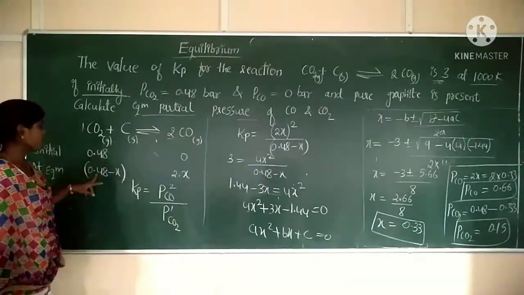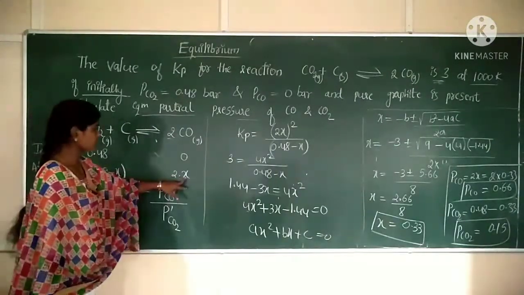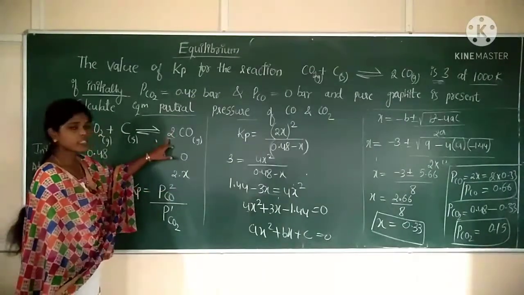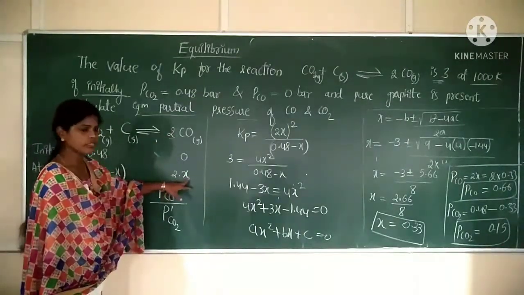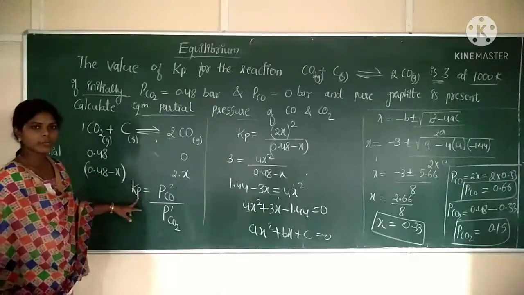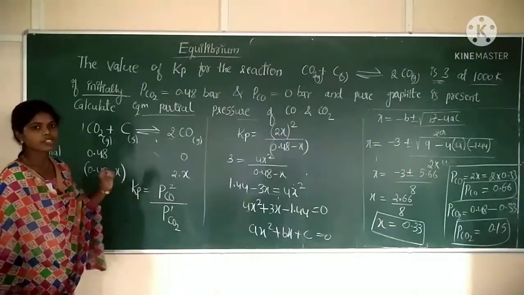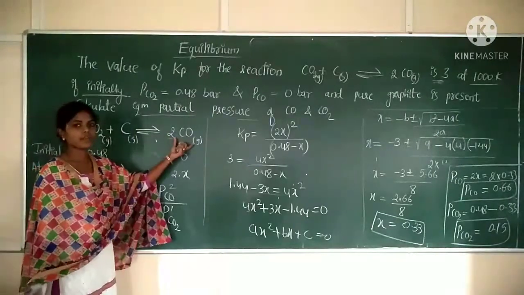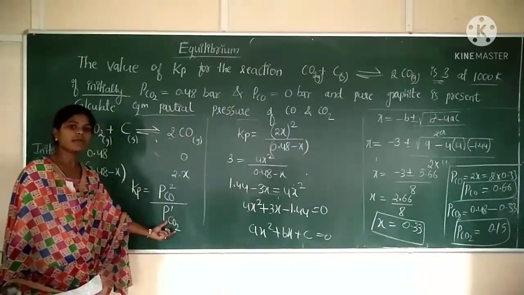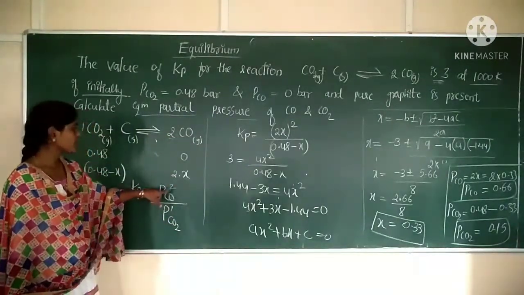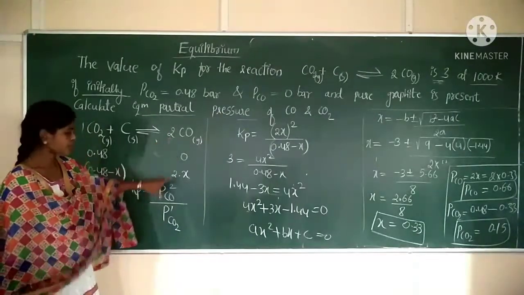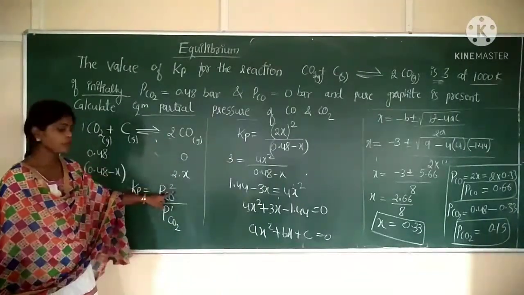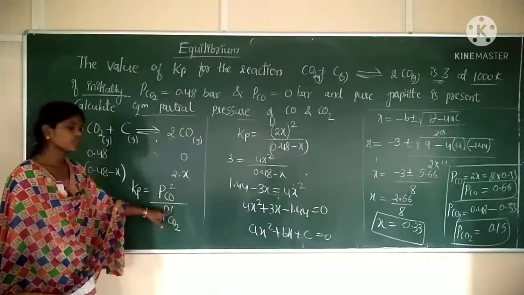So 0.48 minus x, and this is 2x. The coefficient is 2, so that's why I have taken 2x. Now, what is Kp? Equilibrium constant in terms of partial pressure. Kp is equal to product partial pressure divided by reactant partial pressure. So PCO, coefficient is 2, so I raise to the power 2, divided by PCO2 whole to the power 1.